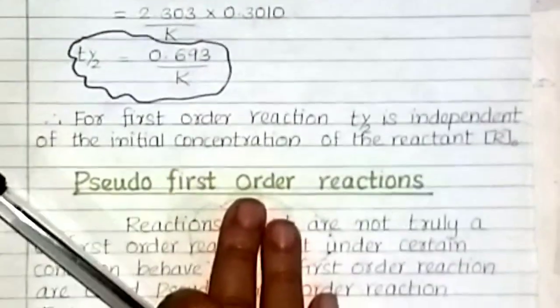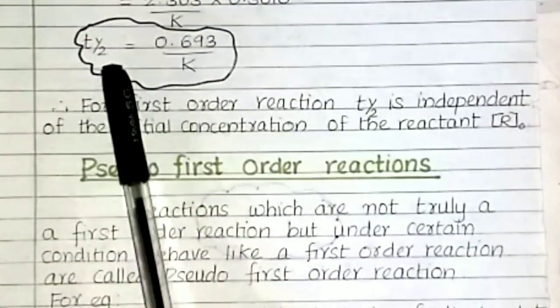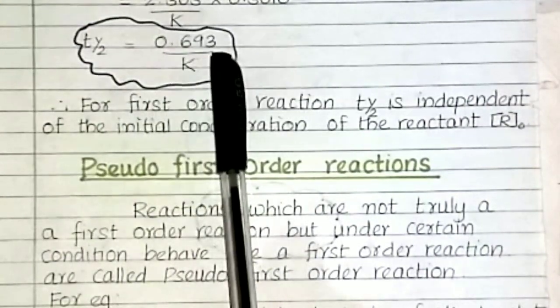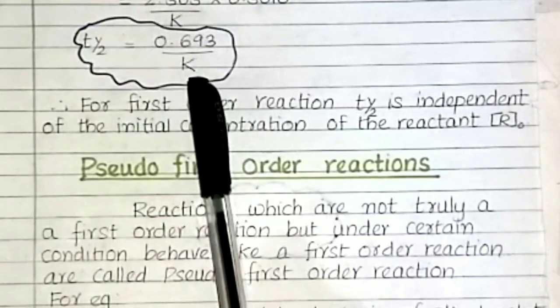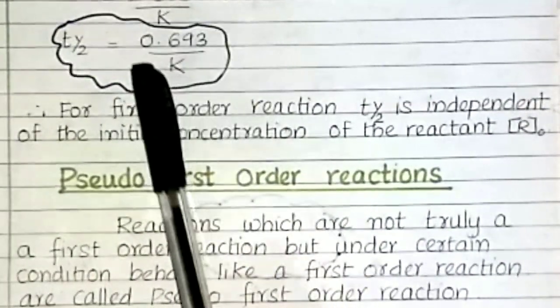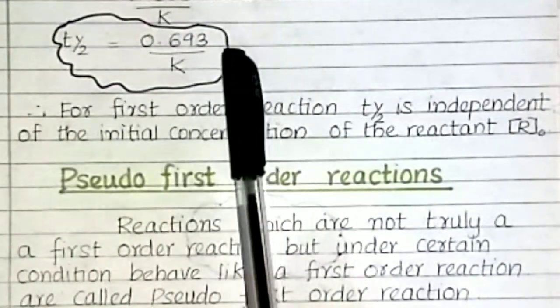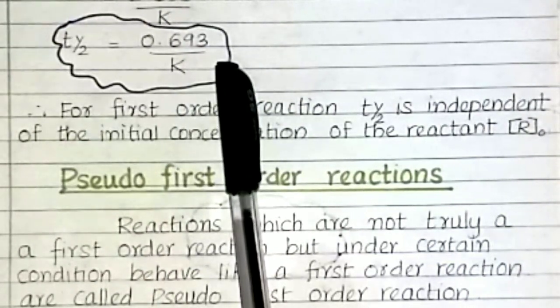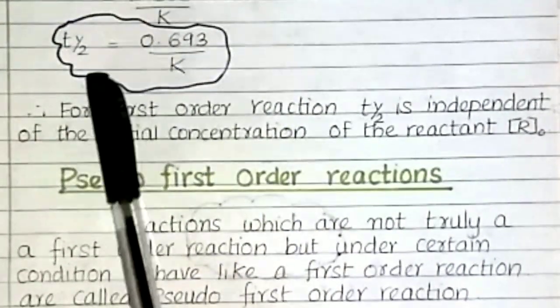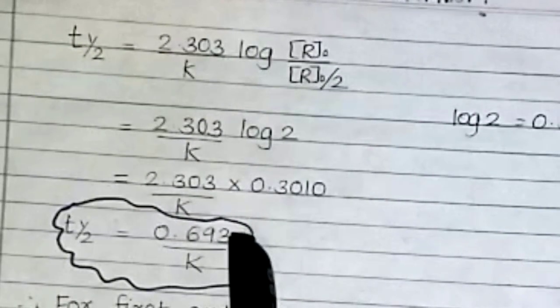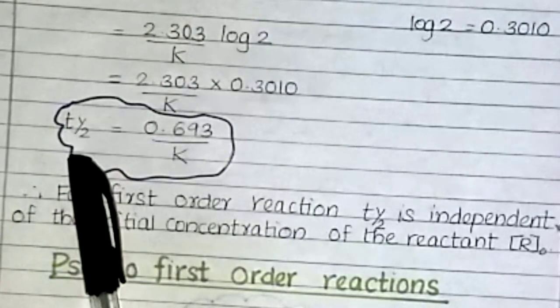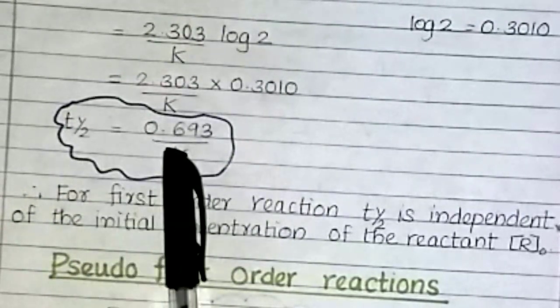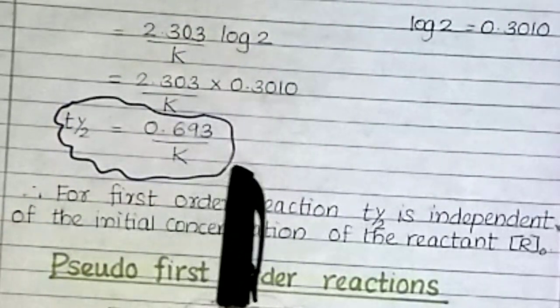From this we can identify that the half-life period of a first order reaction is independent of the initial concentration of the reactants, because the initial concentration R0 is absent here. As for the board exam, prove that the half-life period of a first order reaction is independent of the initial concentration of the reactant.